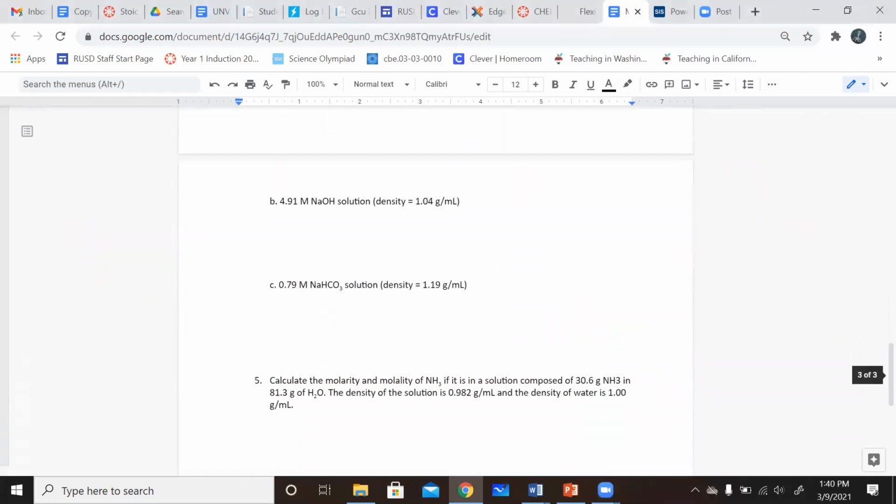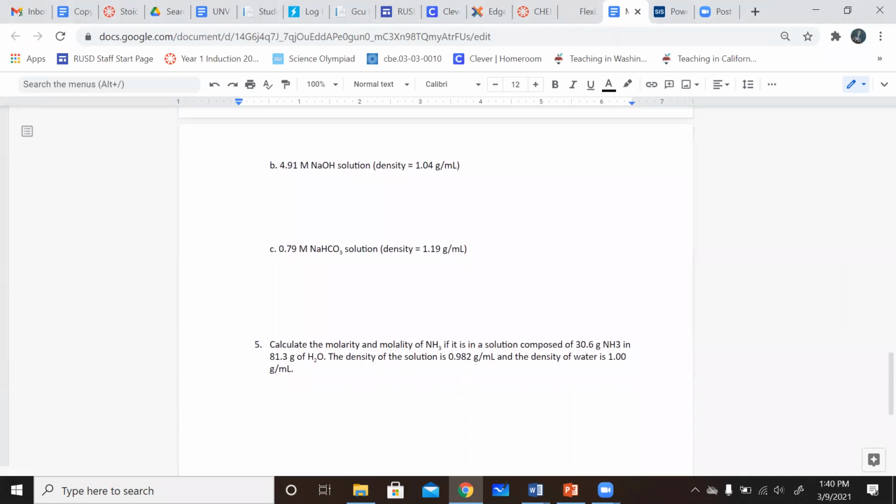So let's move down a little bit. Let's move down to letter B. Once again, I'm going to start over here. We have a solution that is 4.91 molar. That means that there are 4.91 moles of NaOH in every 1 liter of solution.